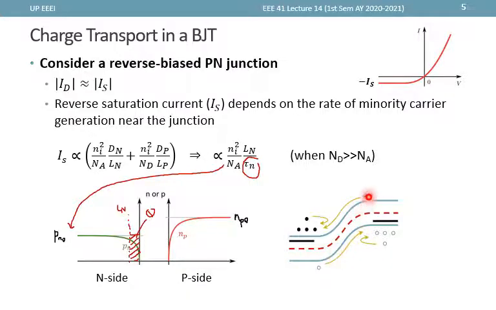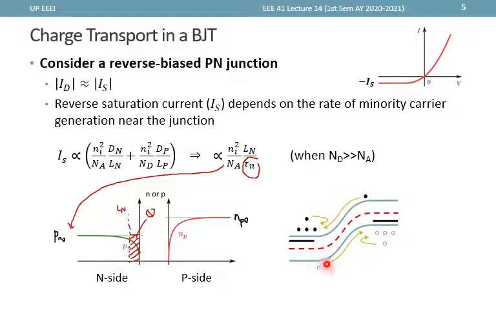Now, because of the electric field here, this minority carrier hole are swept to the other side, and therefore there is very low electron concentration at this portion because they are being swept on the other side.